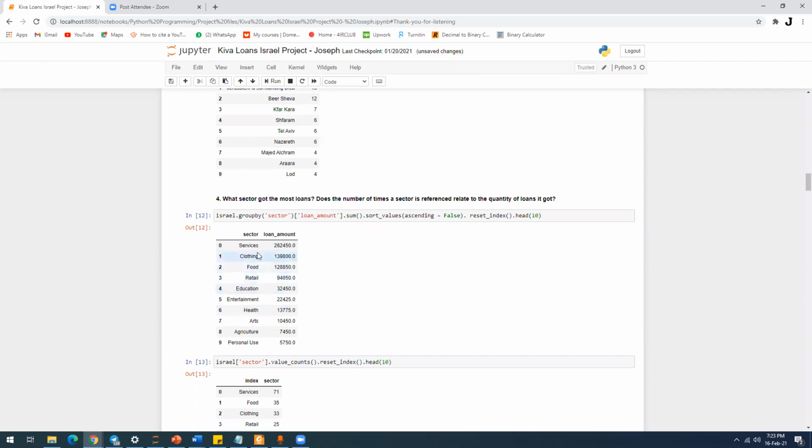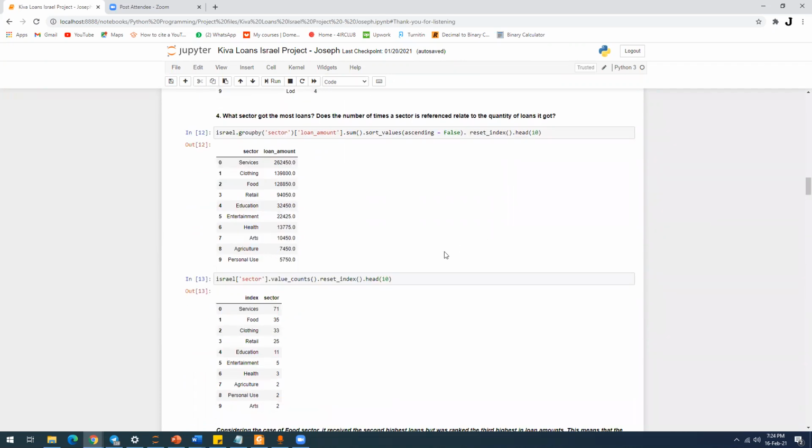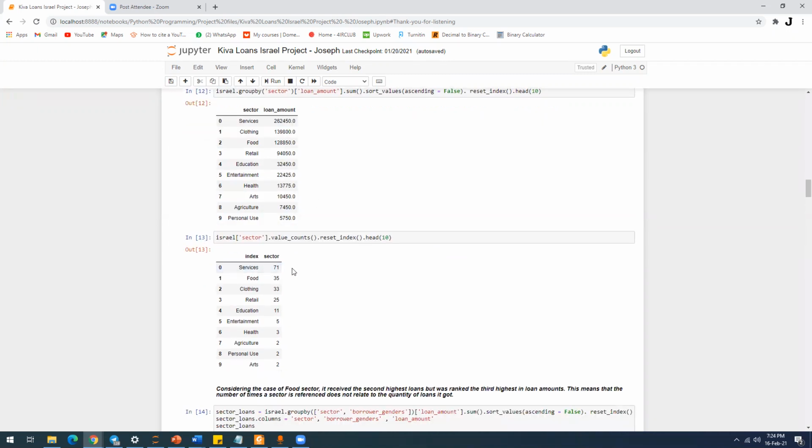So it's the total amount of loans by every sector, and in this case, the sector that got the most loans is services. And does the number of times a sector is referenced relate to the quantity of loans it got? So I also had to do a value count for the number of loans in that sector. In this case, services again topped at 71.